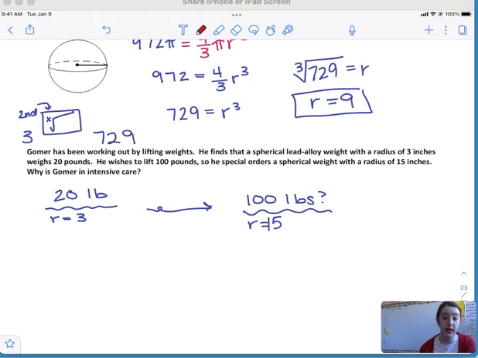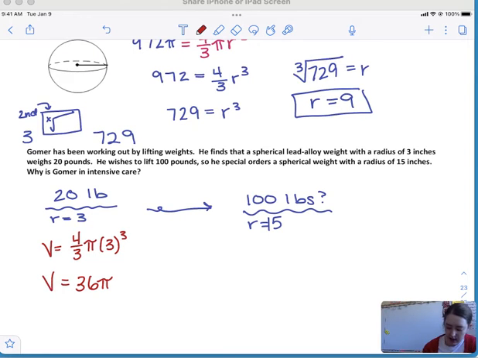these two weights. So the volume of the 20-pound weight, we got 4/3 pi times 3 cubed. And when we put that into our calculator, we're going to get 36 pi. All right, so that is 20 pounds. Now, if we have a radius of 15, let's check this guy out.